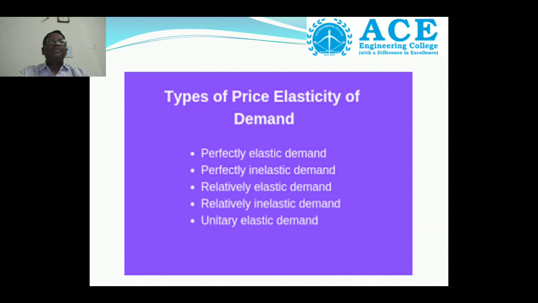For a 5 marks question: types of price elasticity of demand. So how many types? Perfectly elastic demand, perfectly inelastic demand, relatively elastic demand, relatively inelastic demand, and unitary elastic demand.